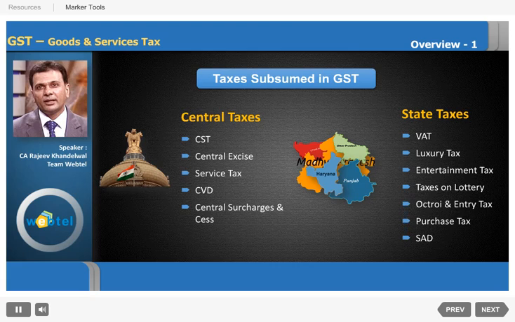In all these cases, these taxes of all the states will be subsumed in GST. There will be some other taxes which will not be subsumed in GST, which we will see just now. But these central taxes and state taxes that we have just talked about will all be subsumed in GST and no longer be levied once GST comes.